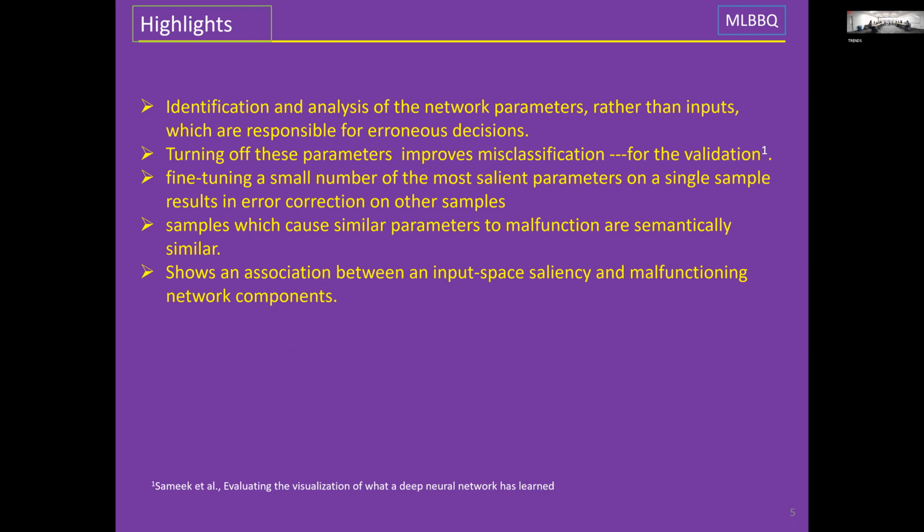And then for that particular sample, these studies identify which parameters are malfunctioning, and then based on this sample they update the malfunctioning parameters, and then they show that fine-tuning on this single sample may make other related predictions accurate.